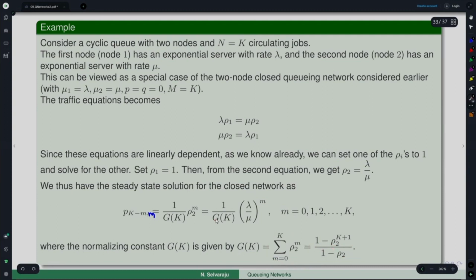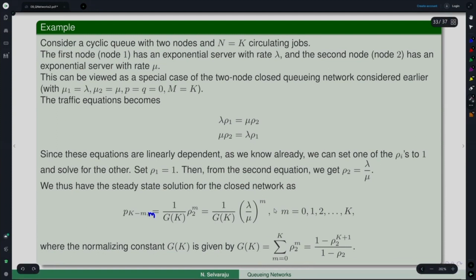Now, if you substitute g of k here, then I will get a complete expression, but remember here we have assumed this is a generic lambda by mu, but now we can be a little bit more specific for 2 cases. One is when lambda is not equal to mu, and when lambda equals mu, this is really 1, right. This is also 1, and hence this is also 1. So, you will simply get as the required quantity only k plus 1, right. That is what you are going to get.